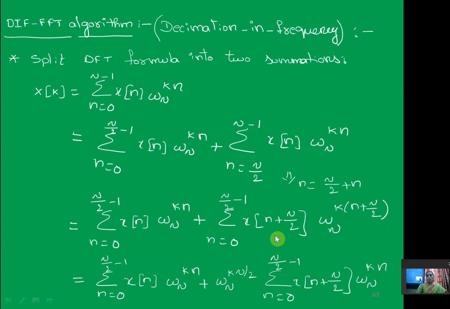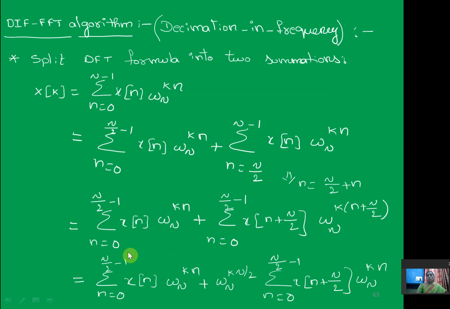Now expand this one, that means W_N power kn into W_N power k N by 2. So now W_N power k N by 2 is independent of the summation variable n, therefore take it outside. Now W_N power k N by 2, summation n = 0 to N by 2 minus 1, x of n plus N by 2 W_N power kn.